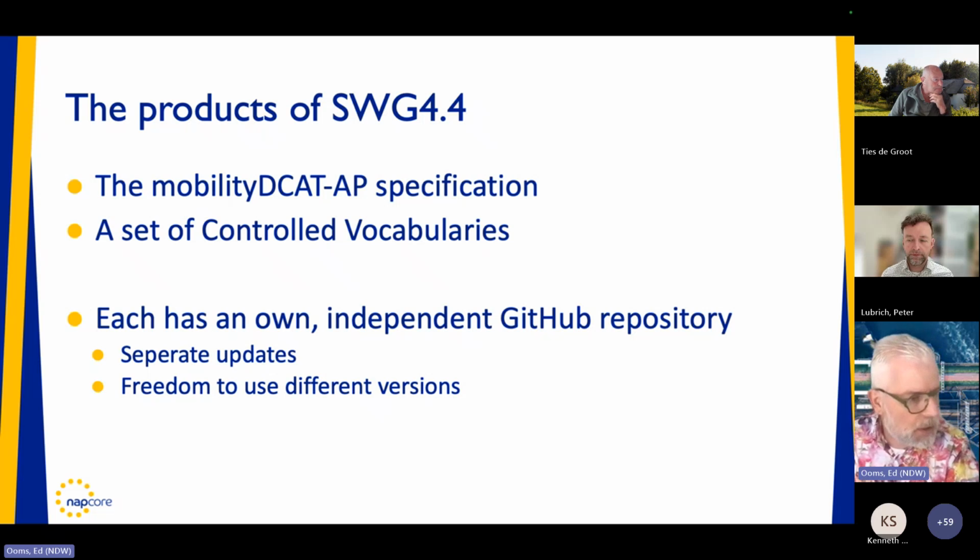So it's possible to use the mobilityDCAT-AP specification 1.0.1 and at the same time use the controlled vocabulary, which is still at 1.0.0. You can use them as a mix of different versions.